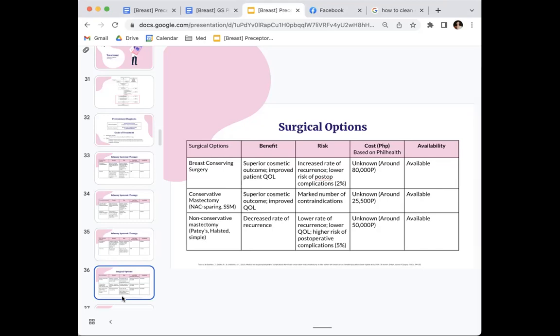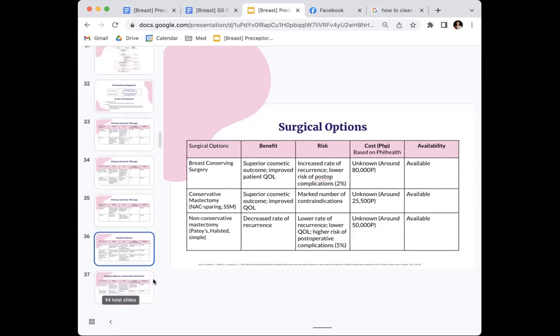Okay. So one will be a total mastectomy, no? And then with looking at the stage of the breast cancer sa kanya ngayon, baka nakadikit na siya sa pectoralis major, no? Then you have to consider doing a classical radical mastectomy already, no? To remove the pectoralis muscles and the axillary lymph nodes, no?